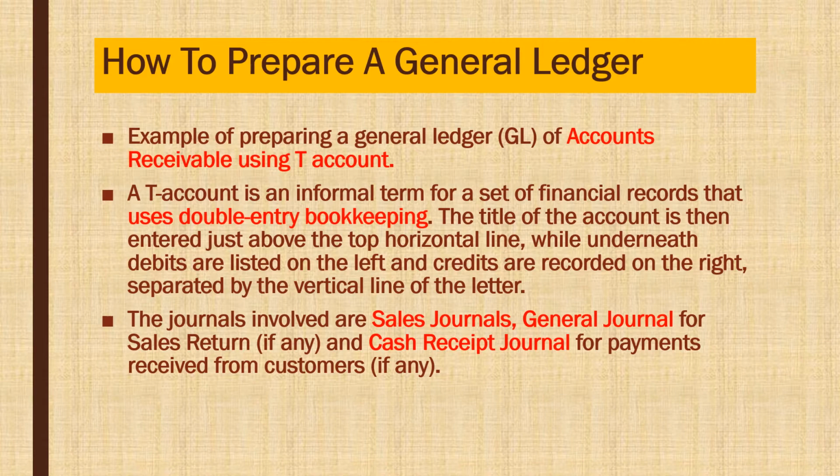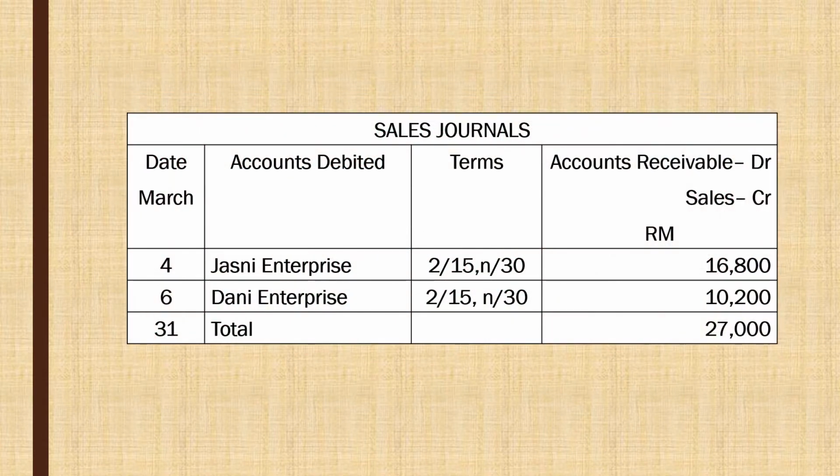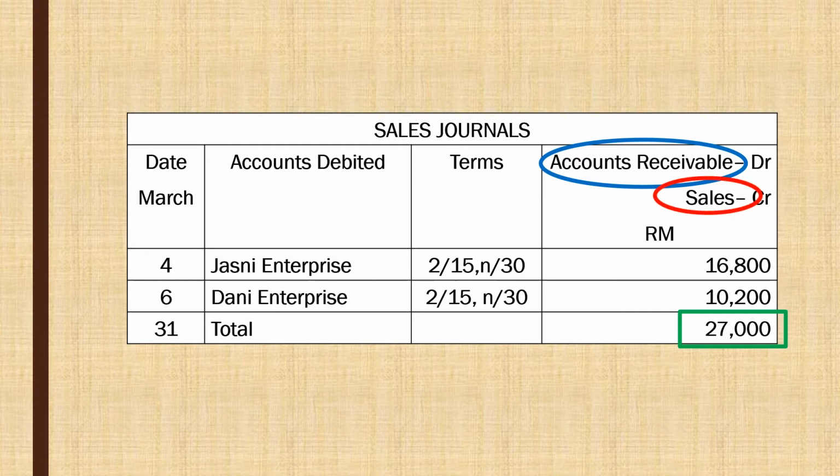The journals involved are Sales Journal, General Journal for Sales Return, and Cash Receipt Journal for payments received from customers. In Sales Journal, we find that accounts receivable is on the debit side, amounting to 27,000 for sales.